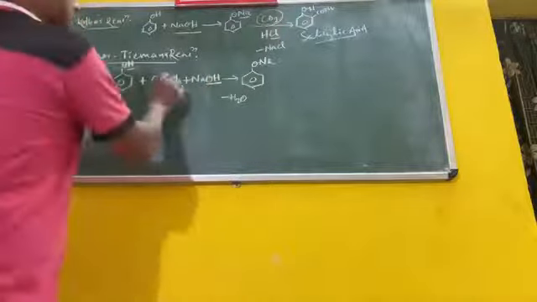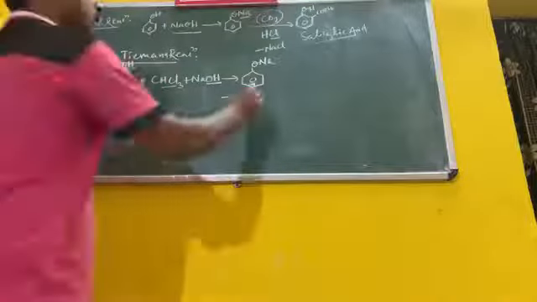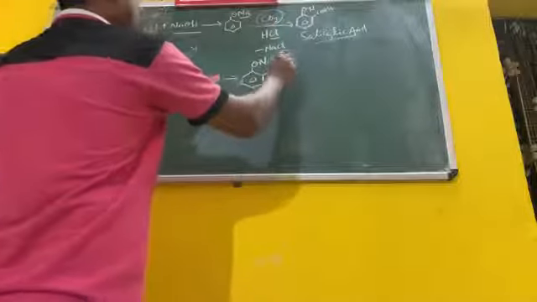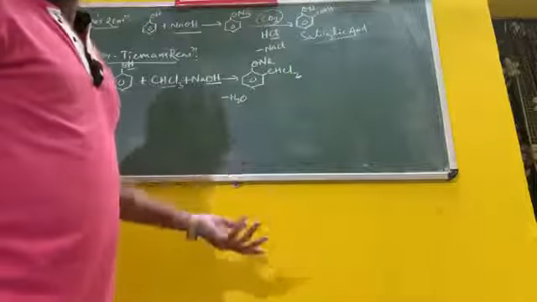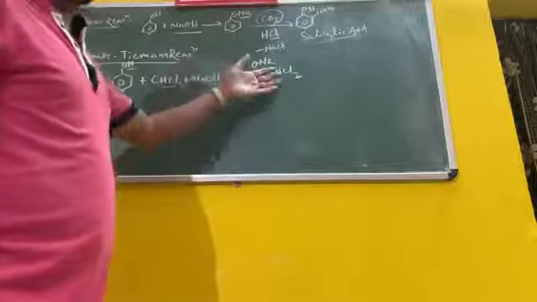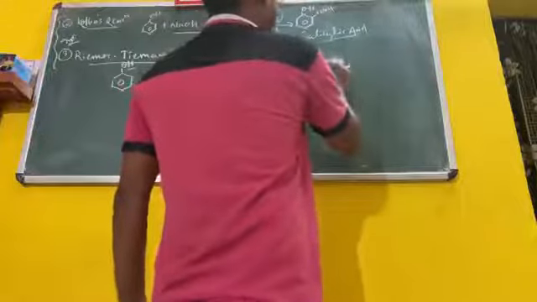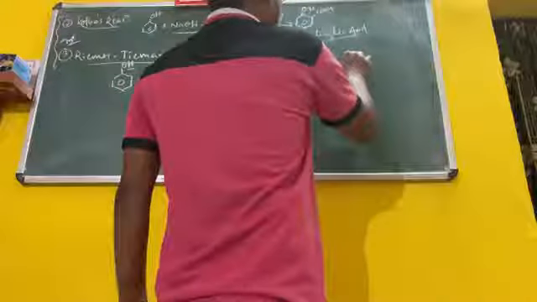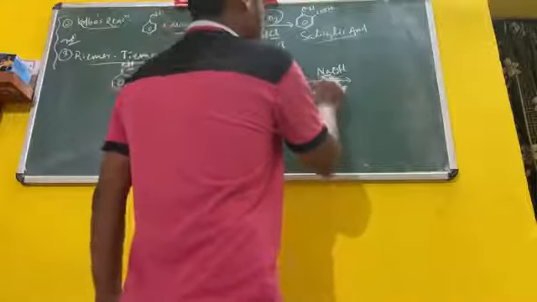Okay, then CHCl3 here, one HCl removed, CHCl2. So this is the process. Sodium phenoxide and CHCl2 will be joined. Then again treated with NaOH. Put here again NaOH. Cl2, Na, NaCl will be replaced, minus 2 NaCl.